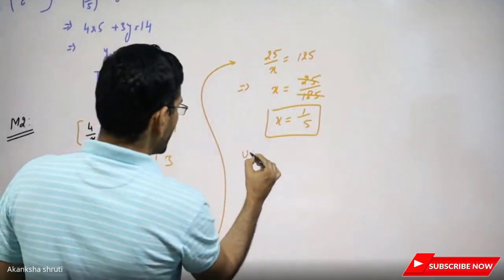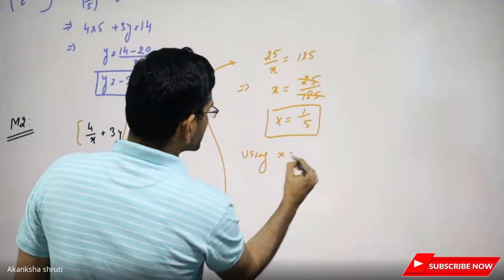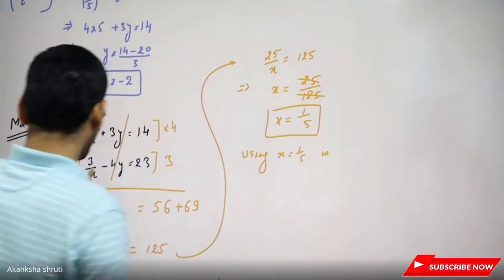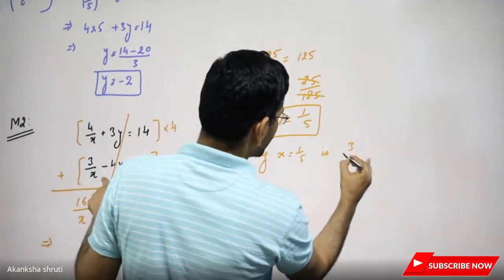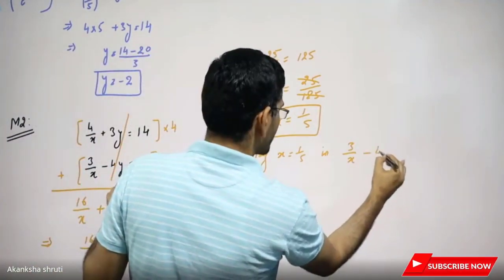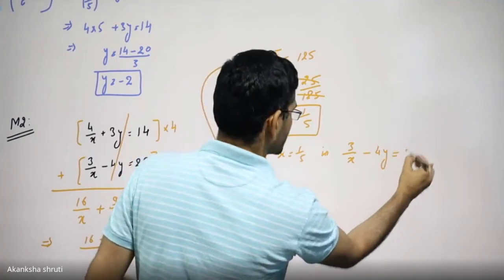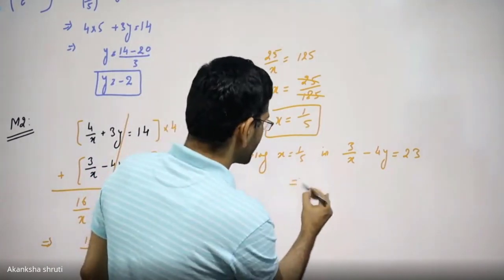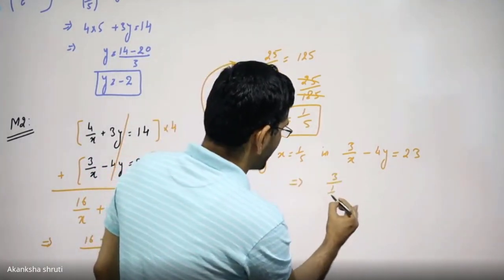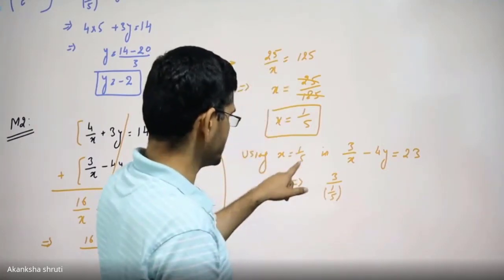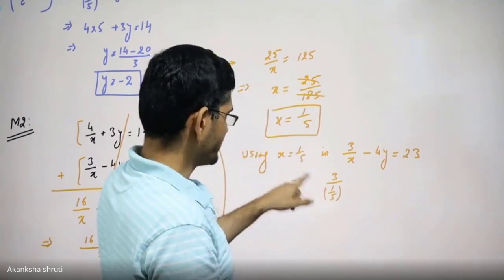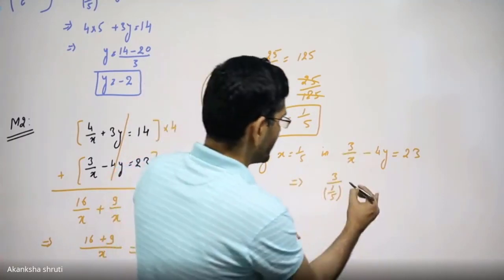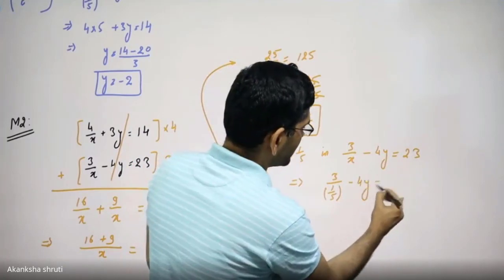So just by using x is equals to 1 by 5, let me take this second equation this time. 3 by x minus 4y is equals to 23. Substitute x is equals to 1 by 5. This becomes 3 by 1 by 5. Be careful. While substituting this 1 by 5, you have to put it in the bracket to avoid the confusion. That is better having. Minus 4y is equals to 23.